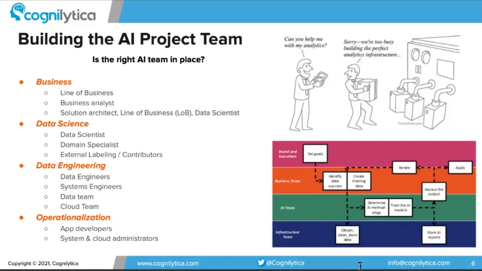Now, yes, there are companies building tools that are democratizing, as it were, data science to put it in the hands of more people. There are tools that are helping with data engineering and making that a much more realistic task to do with a small number of people. And there are things happening on the operationalization side too, with this evolving space of ML ops and ML management, ML governance.